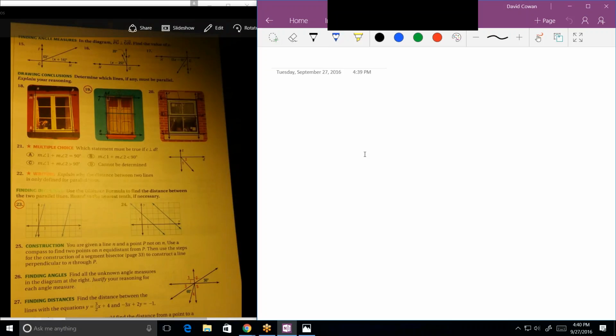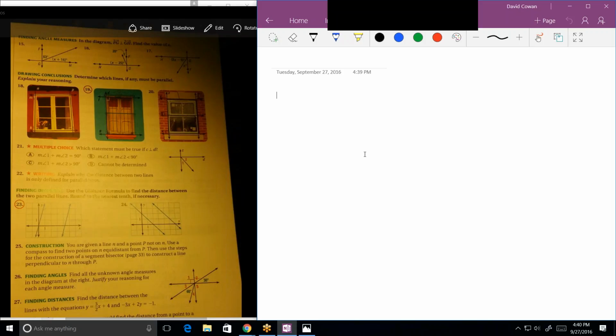Problem 15. Since it says in the diagram that line FG is perpendicular to GH, we can confirm that all those angles are complementary and add up to equal 90 degrees. Sorry, complementary.